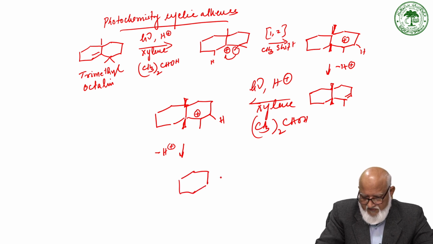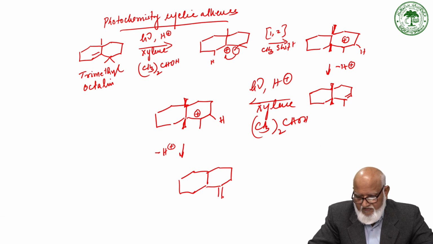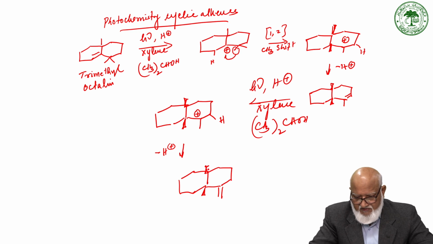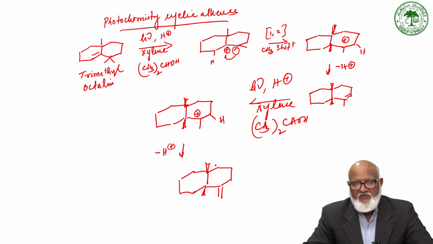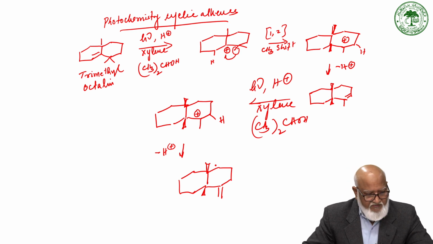So it is a very nice photoisomerization of this alkene, trimethyl octylene, where first there is generation of a carbocation, then a methyl shift to a more stable cation, and then the double bond.